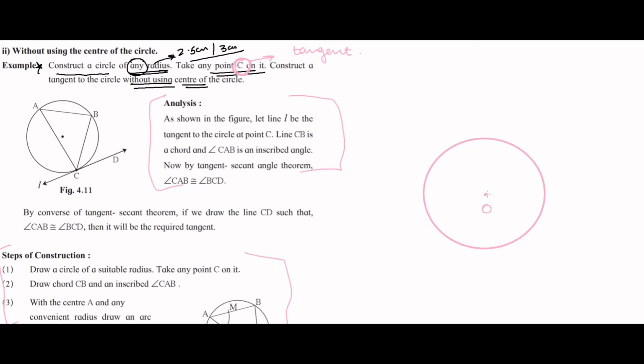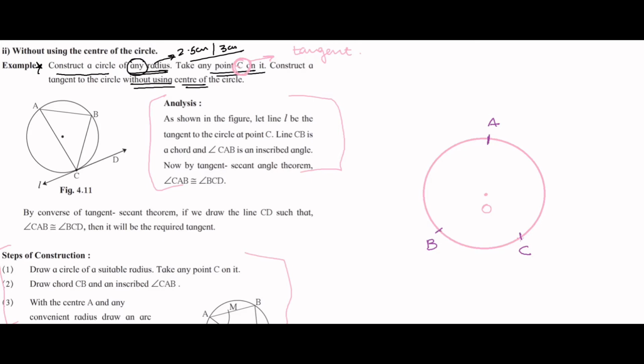Okay, now they have told us to take a point C on it. So basically we don't have to use the center of the circle. So what we are going to do in this type of construction is take this as C, then take another 2 points anywhere you can take, A, and this would be B. So these will be your 3 points, A point, B point, and C point.